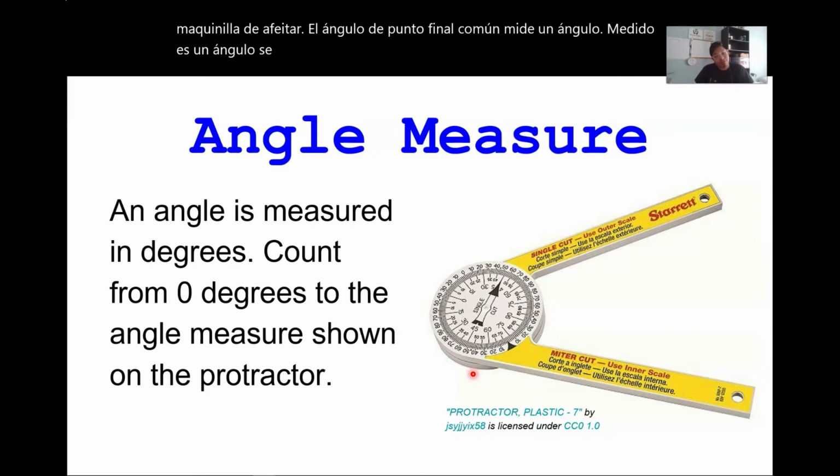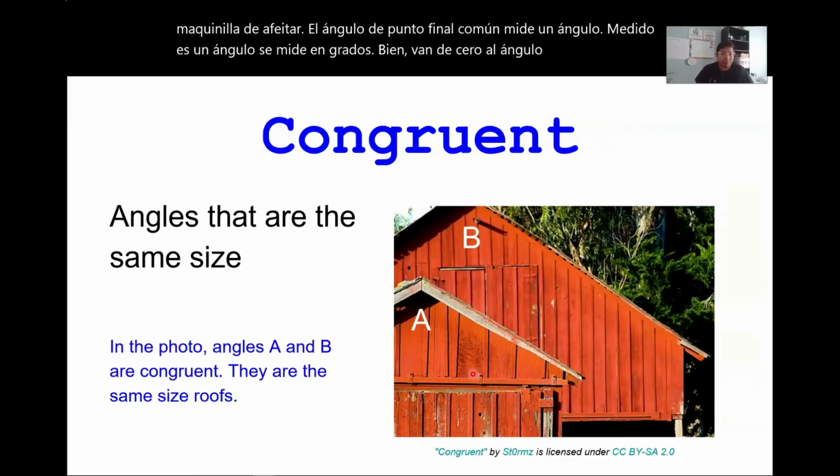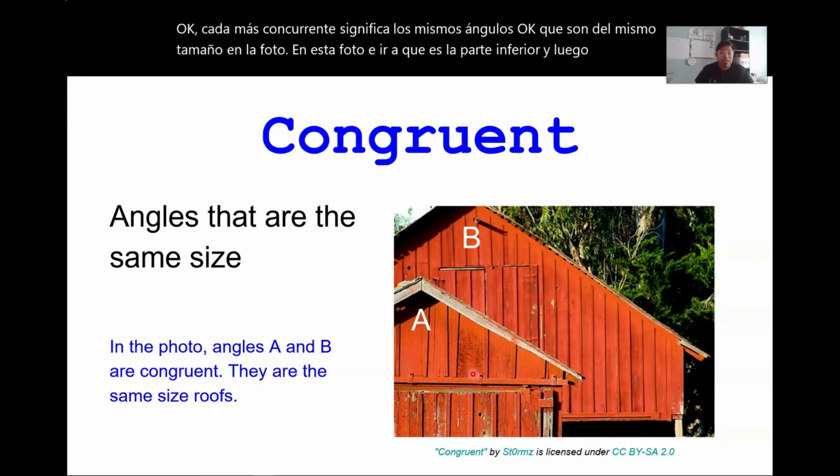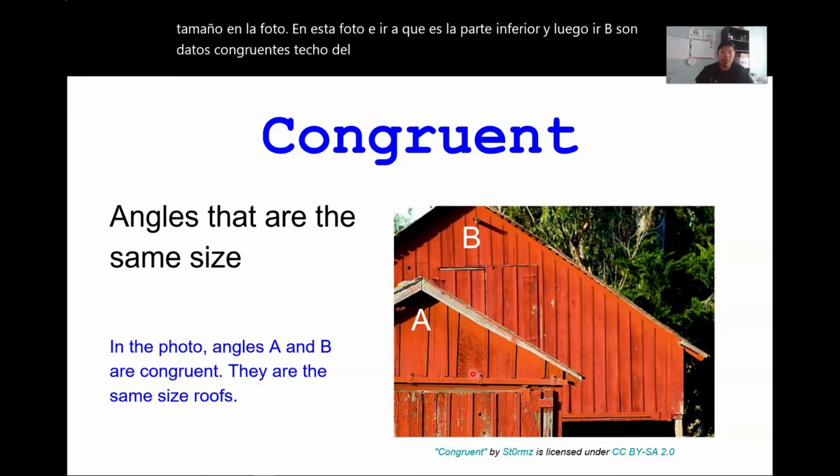So they go from 0 to the angle it's measured on the protractor. And remember, congruent means the same, angles that are the same size. In this photo, angle A, which is the bottom one, and angle B are congruent. They're the same size. Even though they look small, they're the same size.